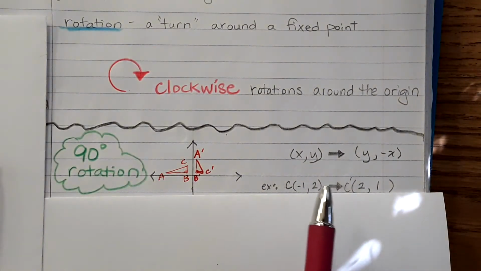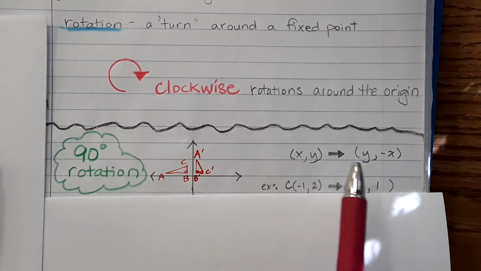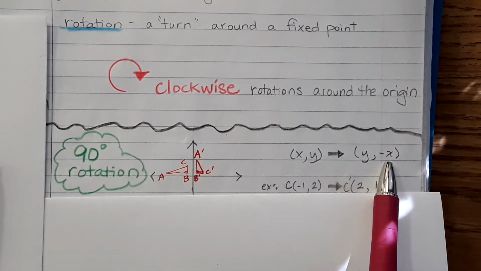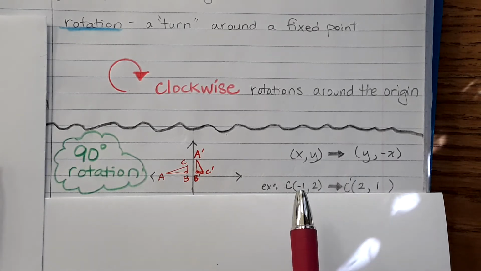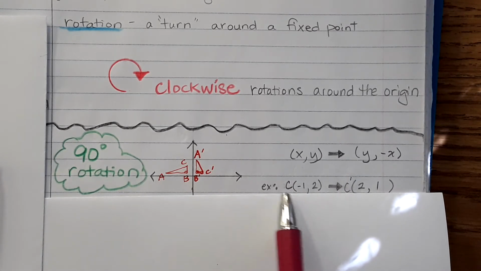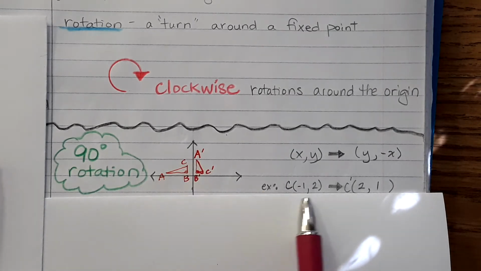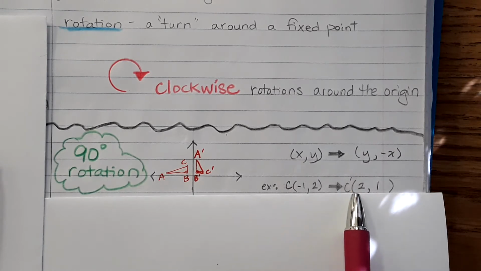Here's our notation though. You're going to take whatever ordered pair you have, and you're going to put the y value first, and then it's the opposite of x. Remember, this is not necessarily that it's negative, it's the opposite. So here's my example. Let's say that point C is (-1, 2), -1 to the left, 2 up. If I follow my form, it says take my y value and put that first.